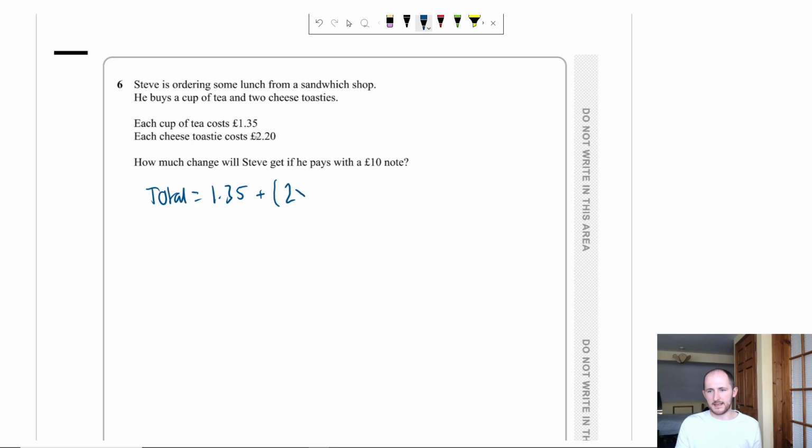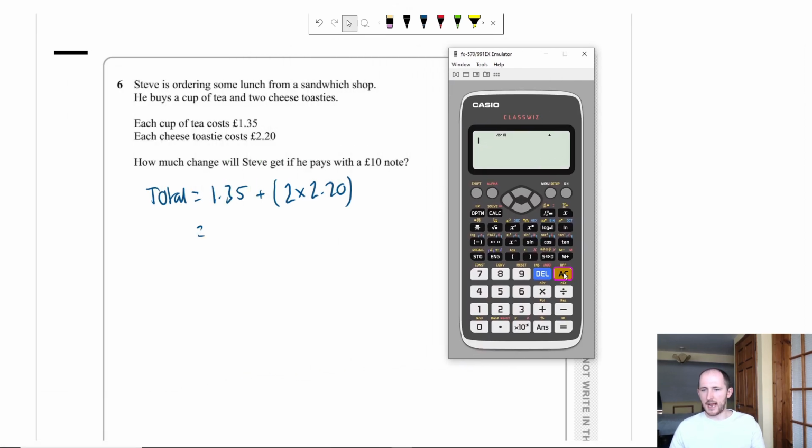So I'm going to put these in brackets to force the calculator to work out 2 times £2.20 and then add it onto 1.35, just in case. It's better safe than sorry. So we add 1.35 plus open bracket 2 times 2.20, which means he spends £5.75.